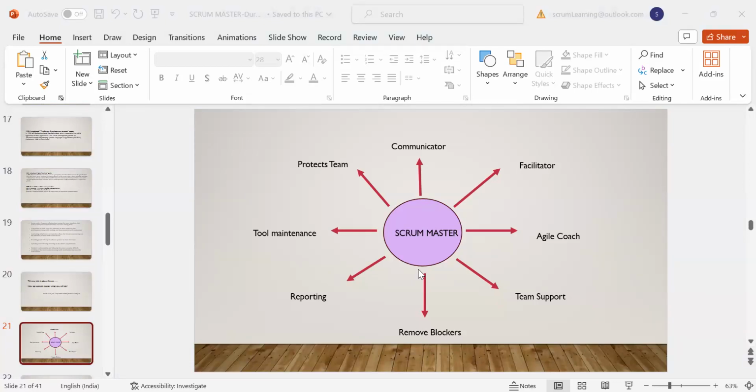He removes the blockers, provides reports to the team and management, maintains the tools, protects the team, and is a communicator. To my knowledge, the Scrum Master is the backbone for the project to run smoothly.